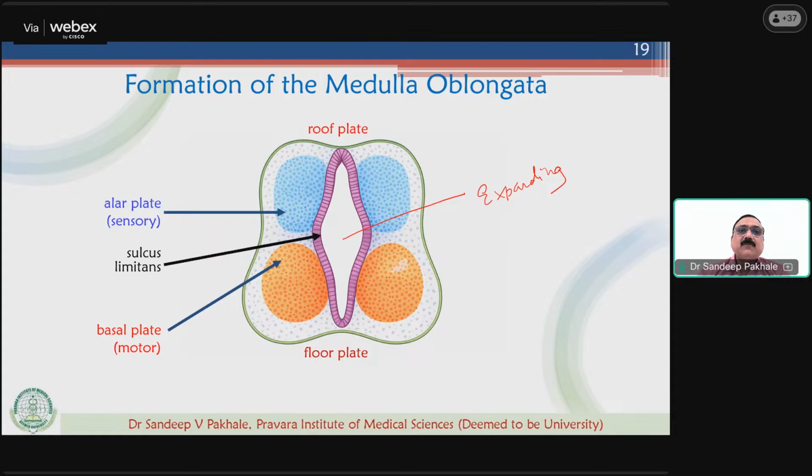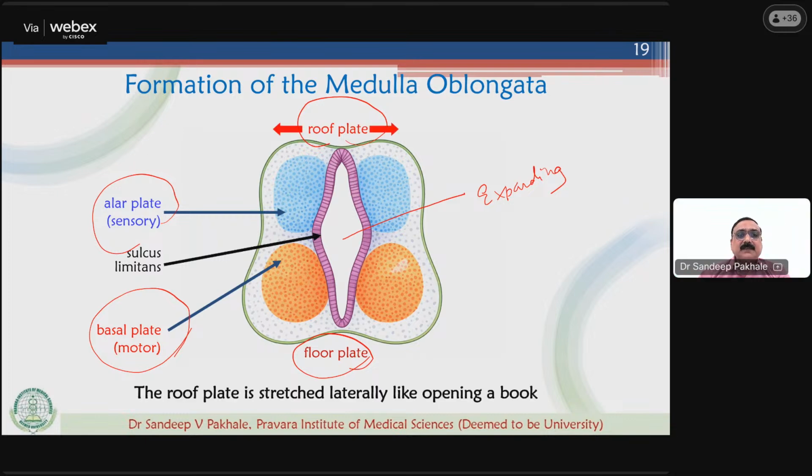In the spinal cord also, we have seen there is a floor plate, there is a roof plate, and two other plates, the alar plate and the basal plate. The roof plate is stretched laterally like opening a book.